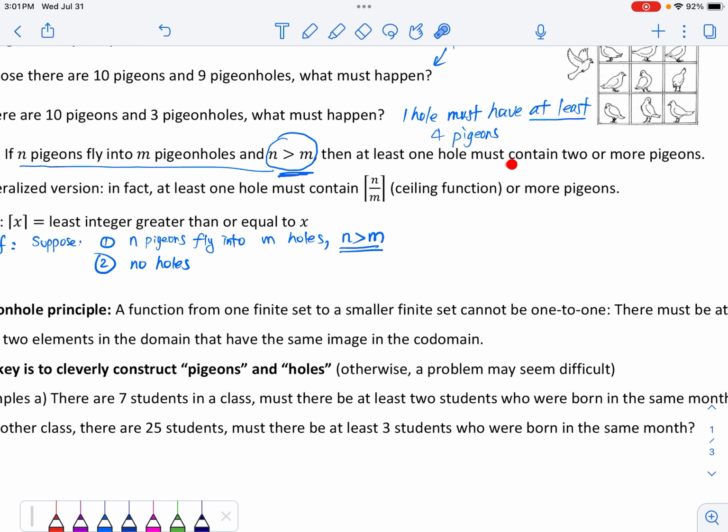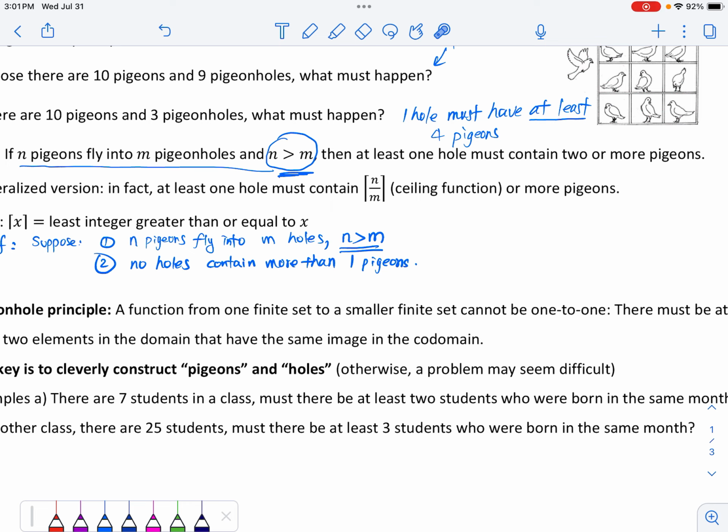That means no hole contains more than 1 pigeon. 2 or more means more than 1. So no holes contain more than 1 pigeon. Okay, so that's the negation of this if-then statement.